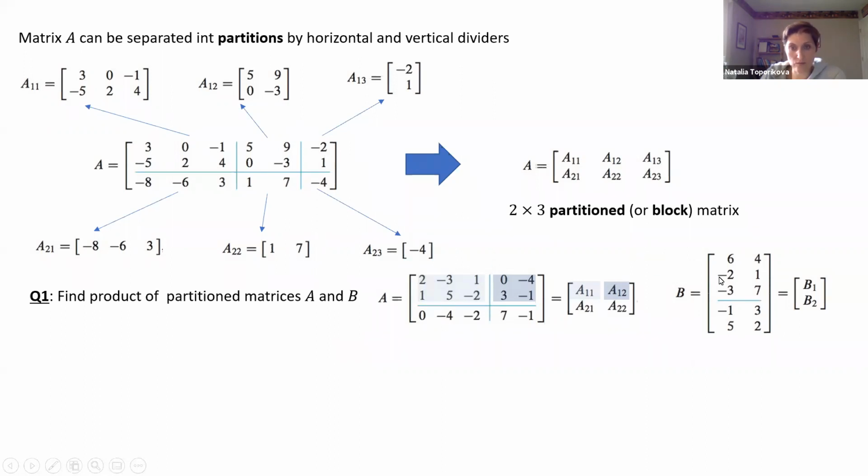And I will do the same with our matrix B. My top submatrix B1 will be light brown, and my bottom submatrix or block B2 will be dark brown. Okay, so now instead of two large matrices, we have rather small ones. So in sub-block notation, our AB product will be a 2 by 2 matrix A times a vector B.